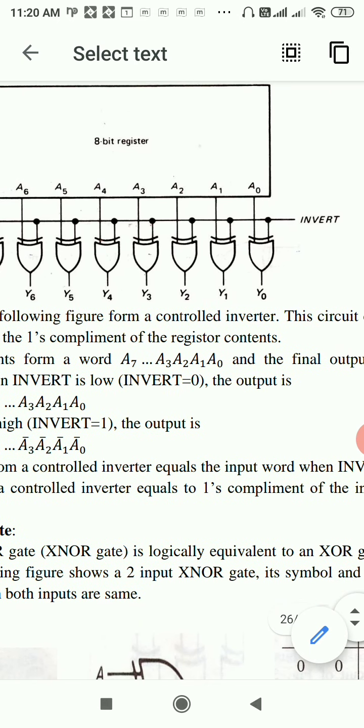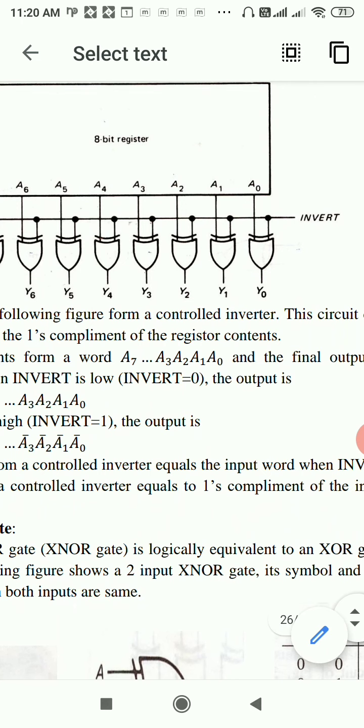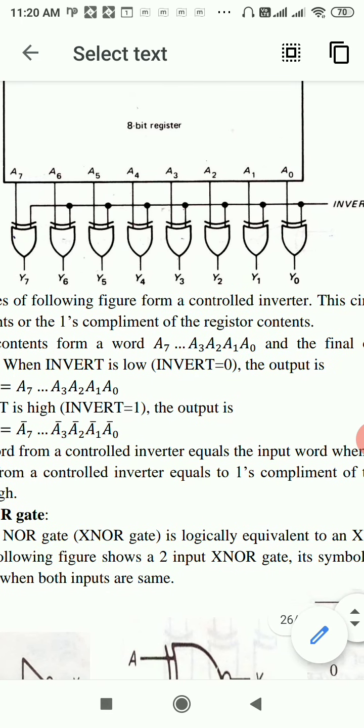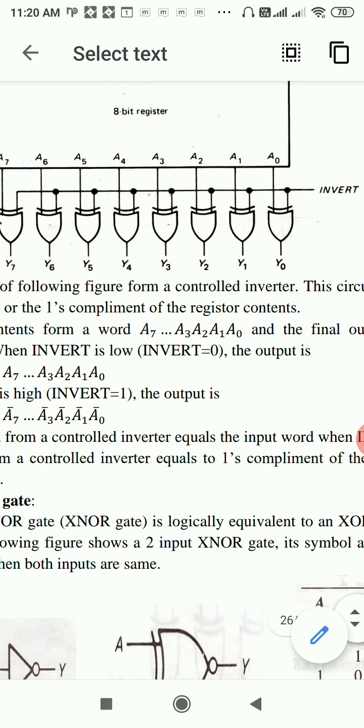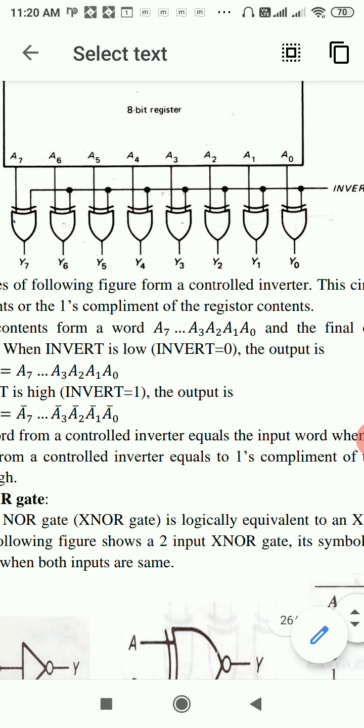And an invert signal is applied at each of these XOR gates. So there are two inputs in each XOR gate. One is the invert signal, which is common to all XOR gates, and the other are A0 for first XOR gate, A1 for second XOR gate, A2 for third, and so on.